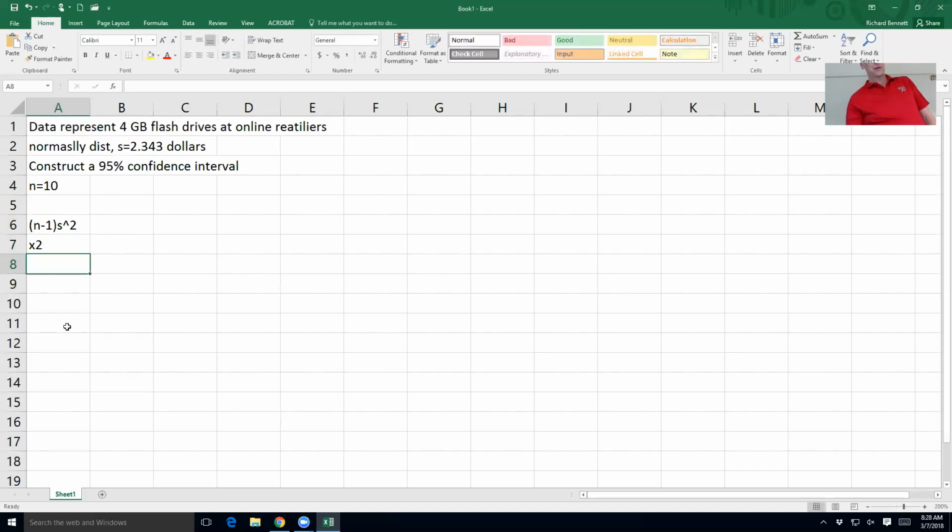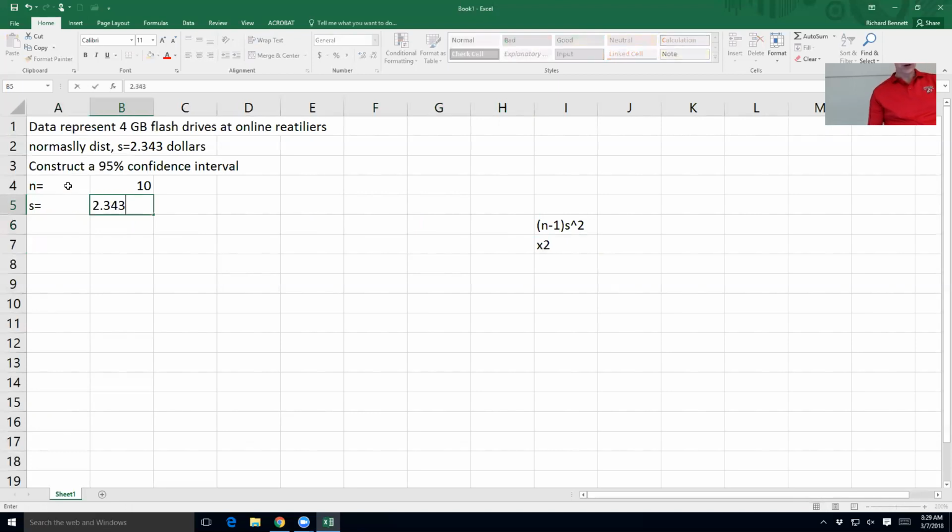So we've already got our n equals 10, and s equals 2.343. Now I need my chi squared on the left, and I need my chi squared on the right.